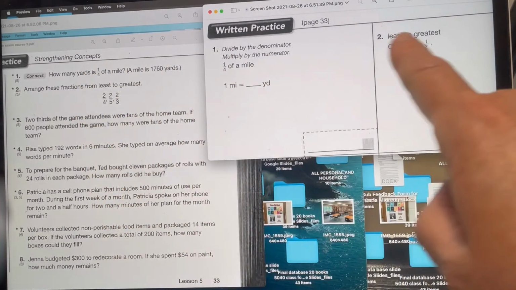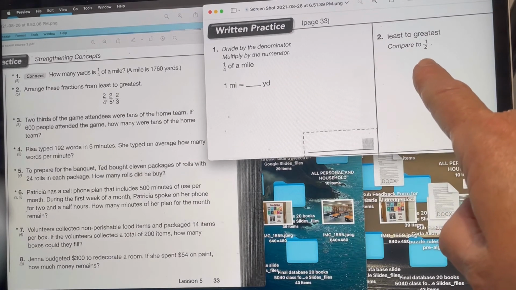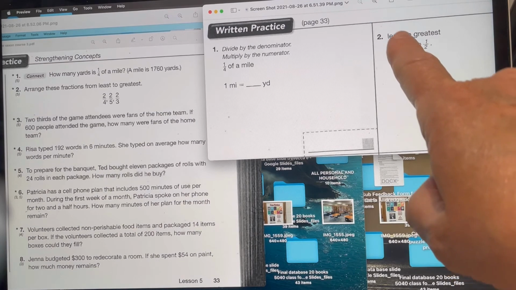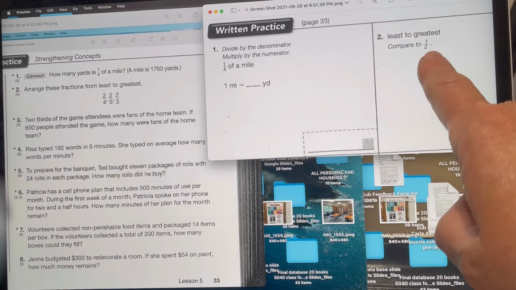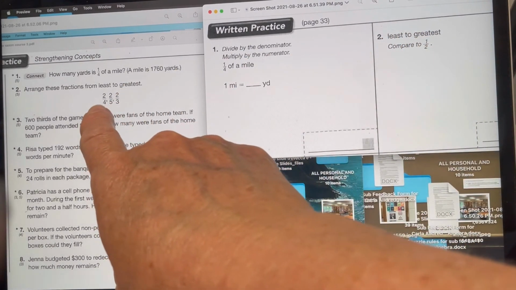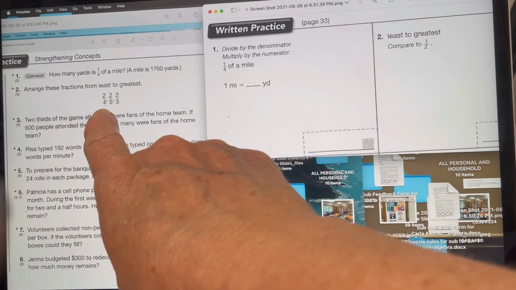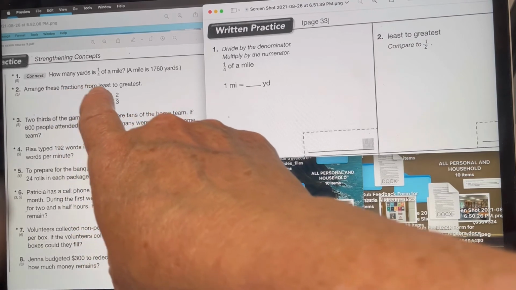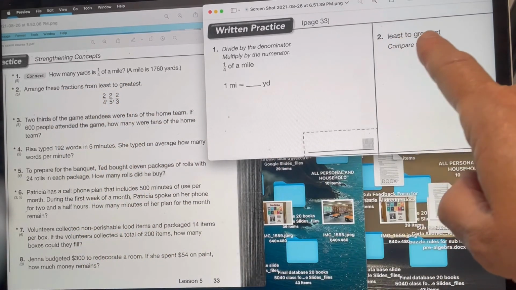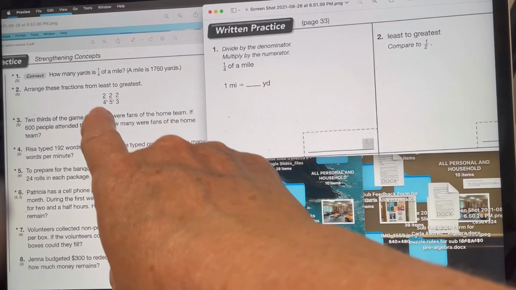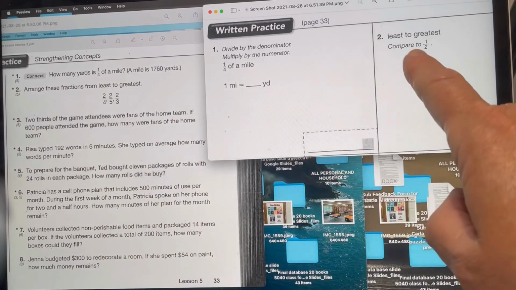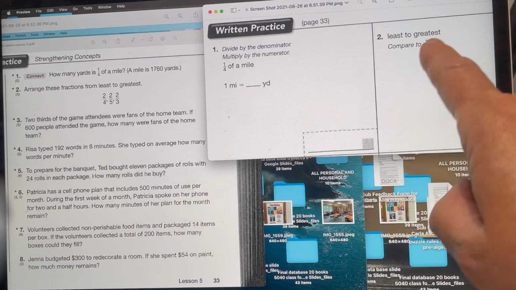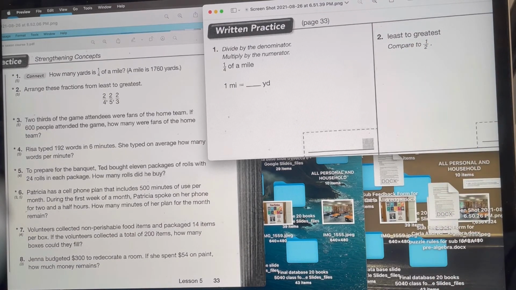Here is number 2, and here is number 2 in your workbook. Notice here, they did not even tell you what the numbers were. Why? You're supposed to have your book out, looking at the 3 fractions. Arrange these fractions from least to greatest. 2/4, 2/5, 2/3. Now I suggest you copy over here 2/4, 2/5, 2/3. So you'll know what you're working on.